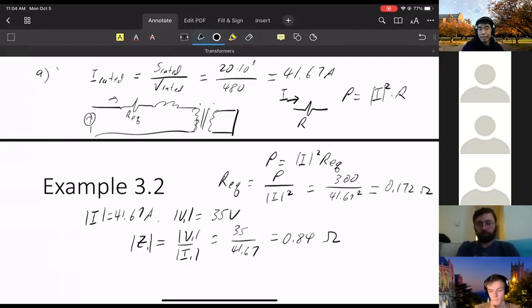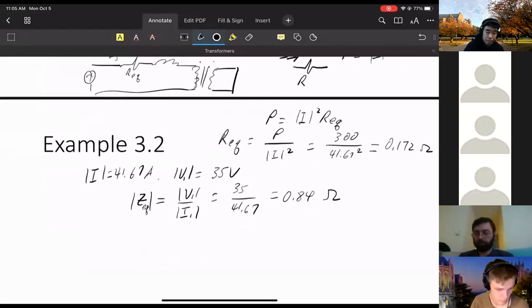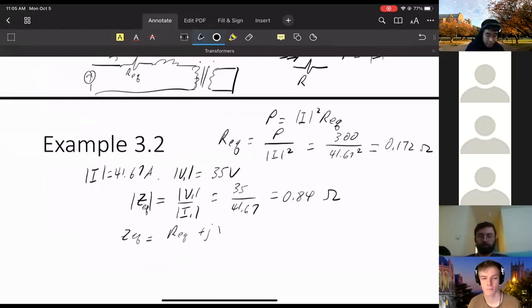Okay, if I have the magnitude, how do I find the imaginary part? Remember Z equivalent is R equivalent plus jX equivalent.